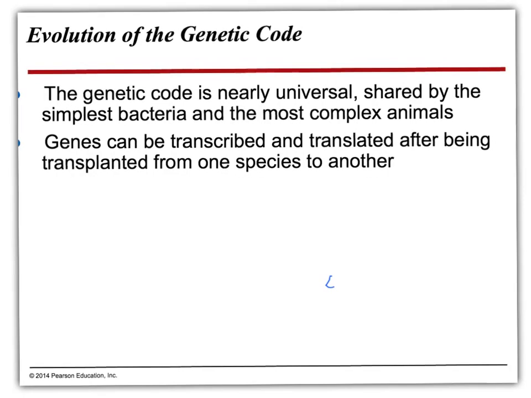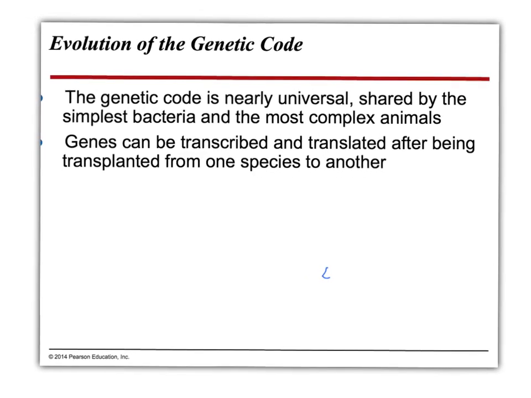All right, evolution. Genetic code is nearly universal, shared by the simplest bacteria and the most complex. If you're counting all the amino acids in a polypeptide, would you still count the one that codes for a stop? If you're going to count the amino acids, no. If I count the codons, yes.